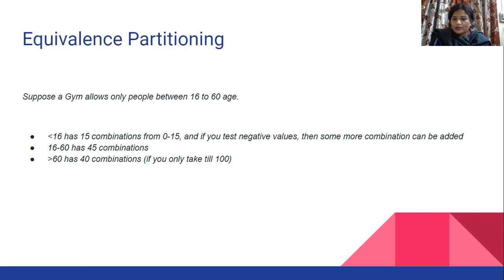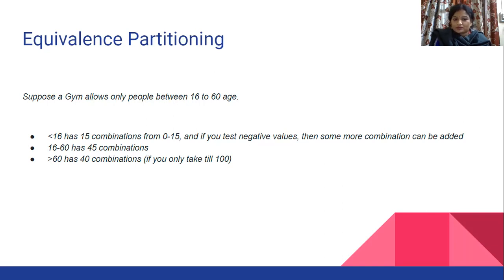So I need not test the application for the whole partition. It's an assumption that if we test for one value in a partition, then the same result will be there for all the values in the partition. That is the basic assumption in the equivalence partitioning technique.